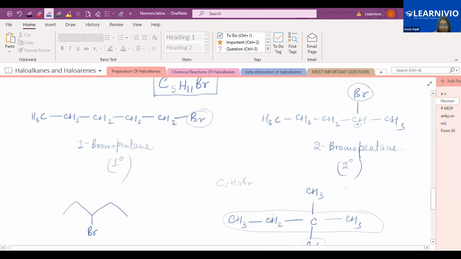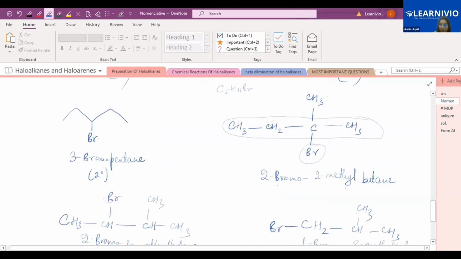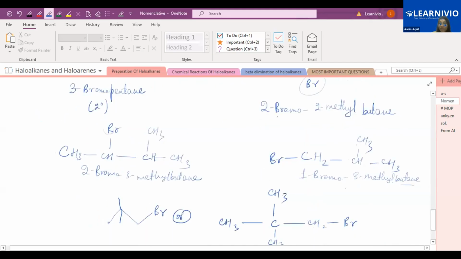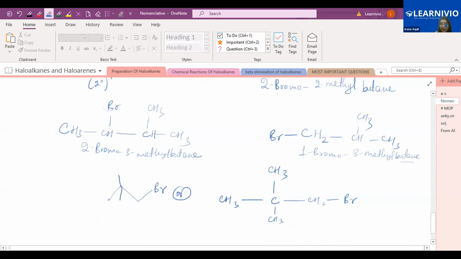You can see over here. So try to name all the structures and tell me which type of halide it is, primary, secondary, or tertiary. Tell me, Safrina, this last isomeric form, what is the name of this?